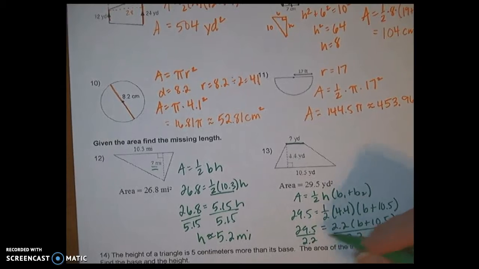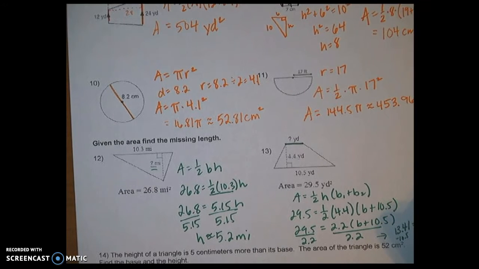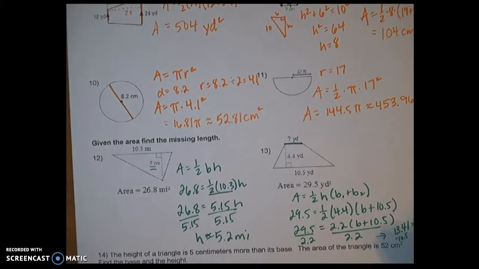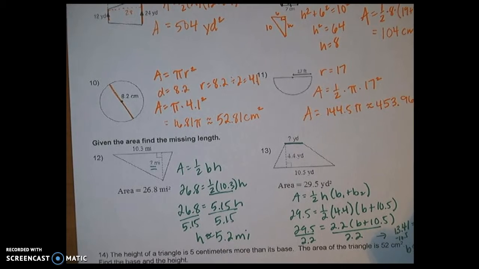You're going to round that to, and I know there's not a lot of room here, 13.41 equals b plus the 10.5. And so when you subtract that 10.5, you end up with your b value, which is approximately, in this case, because we did round, b is approximately 2.91.